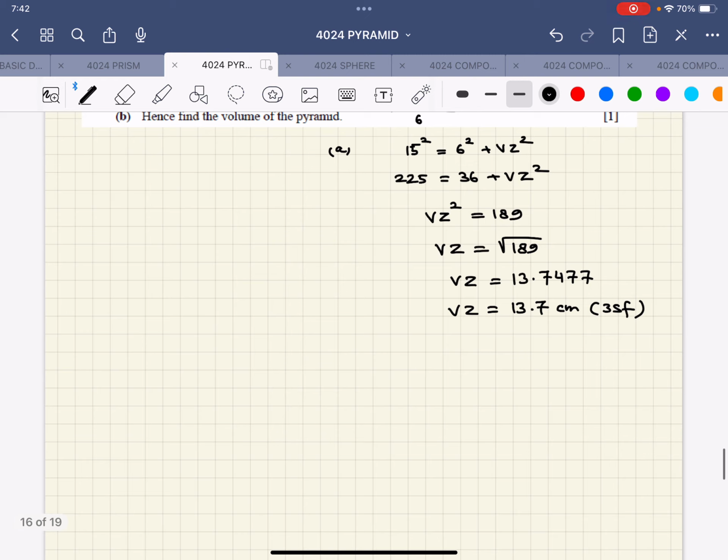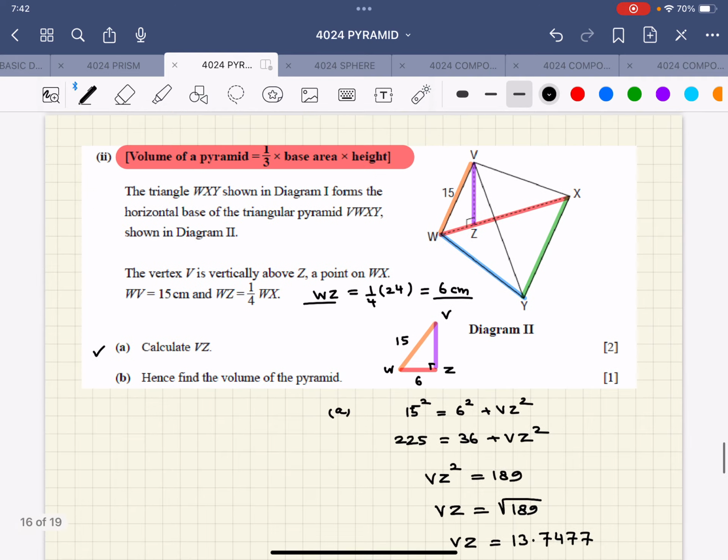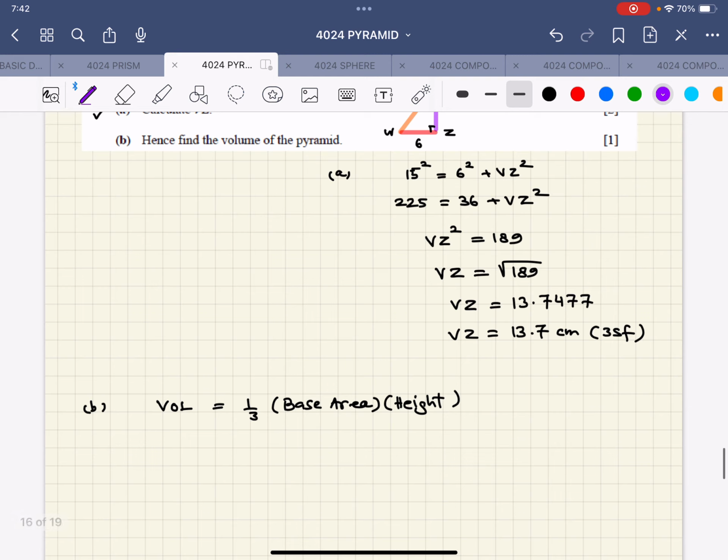So volume of pyramid, part B, that is 1/3 base area, which we have calculated before, multiplied with height. Now remember, the height is VZ. This VZ is the height. We will use unrounded value.